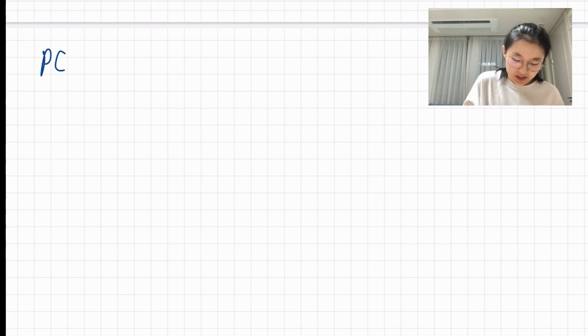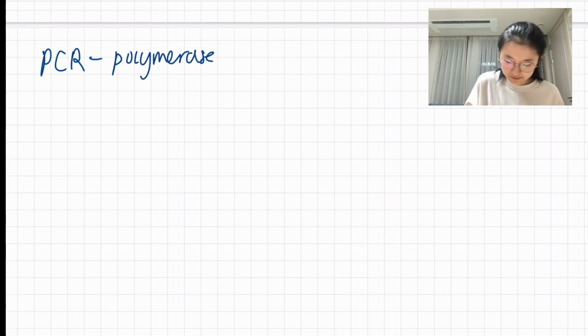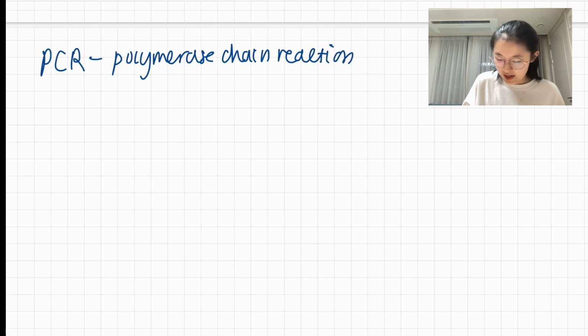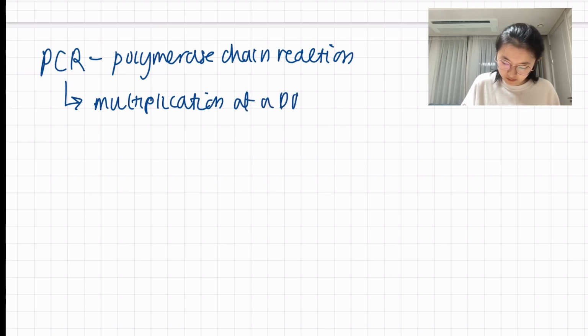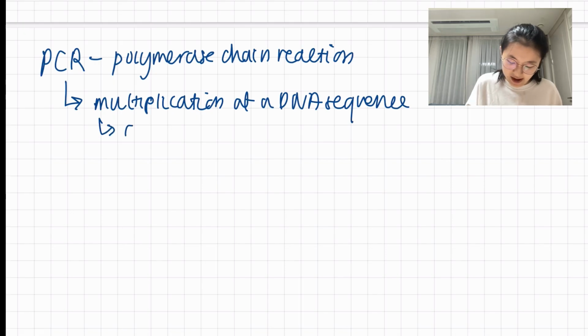In fact, PCR stands for polymerase chain reaction. And it is essentially referring to the exponential multiplication of a sequence of DNA. Yes, at an exponential rate.